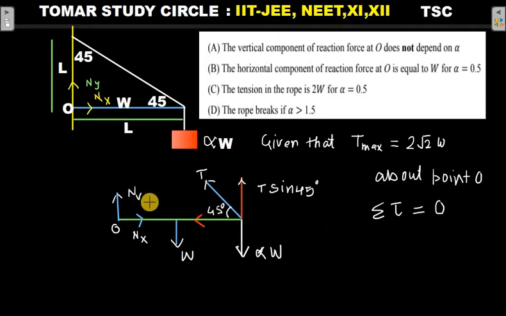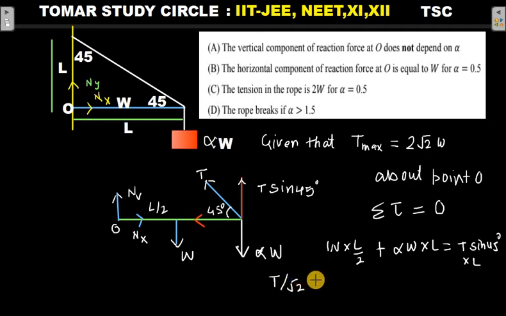W is at a distance L by 2 and this distance is given as L. Hence we can write W multiplied by L by 2 plus alpha W multiplied by L will be equal to T sin 45 multiplied by L. On solving this, we can write T upon root 2 will be equal to W by 2 plus alpha W, since we cancel out L on both sides.